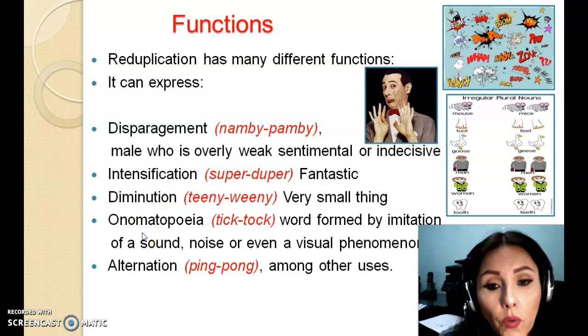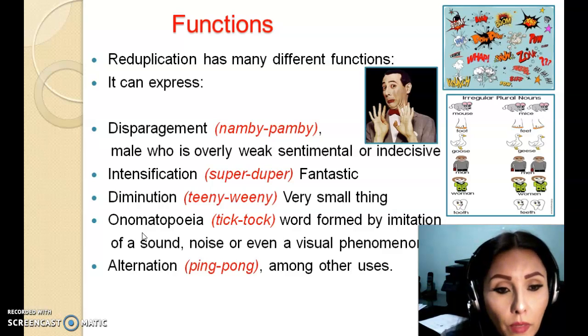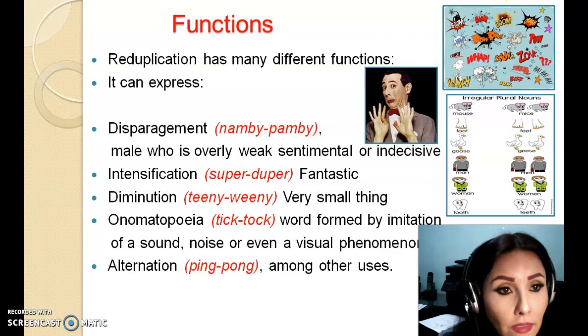Another one, onomatopoeia, the word tick-tock, is a word formed by imitation of a sound, noise, or even a visual phenomenon. These kinds of words are so common in cartoons, like in this case.